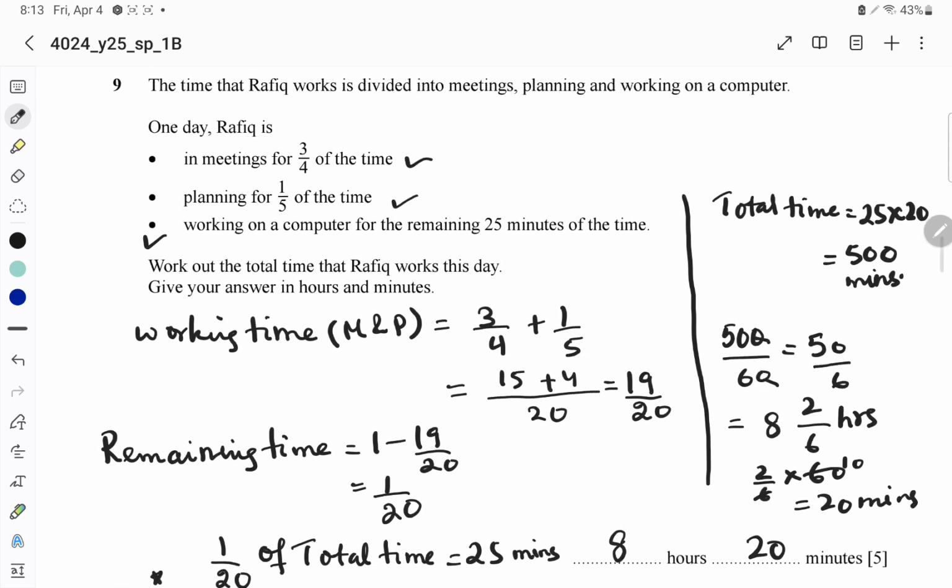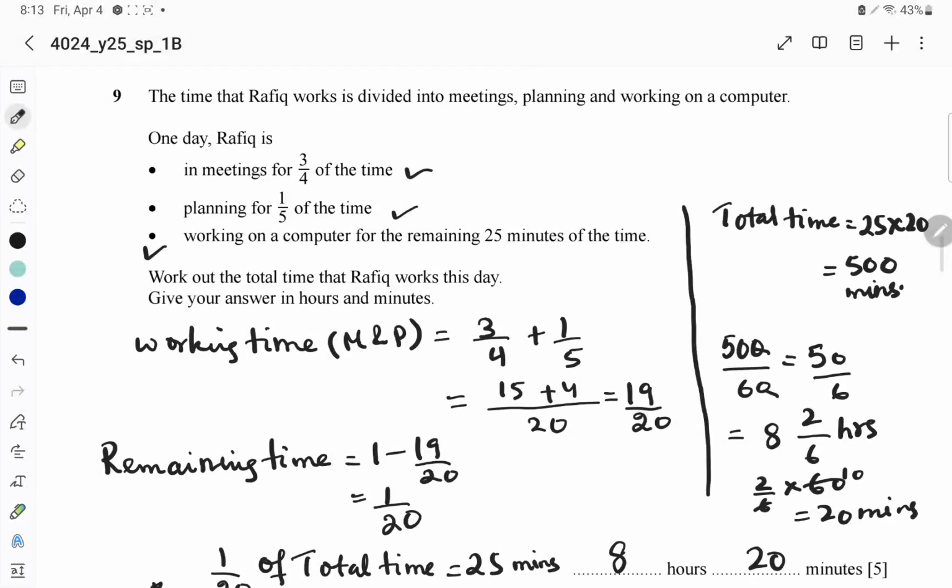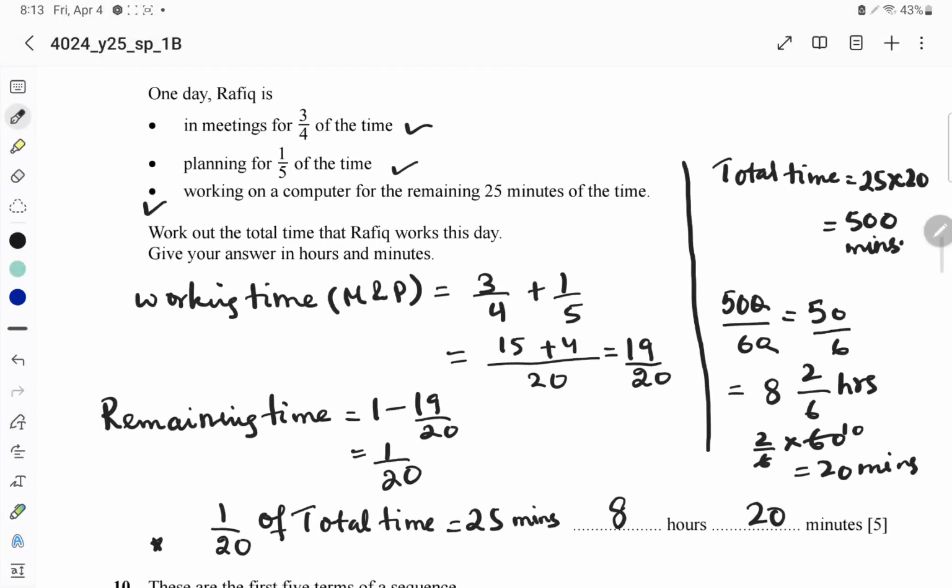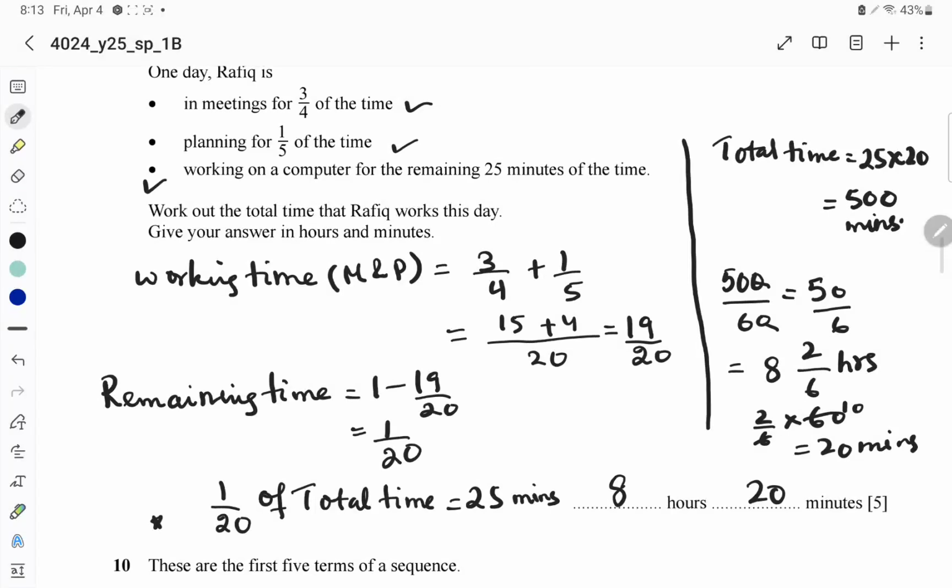In this question, 3 over 4 of the time is for the meeting, and 1 upon 5 of the time is for planning. So we added, and the total time for meeting and planning was 19 over 20. The remaining time of the total time became 1 over 20, which was 25 minutes given in the question.